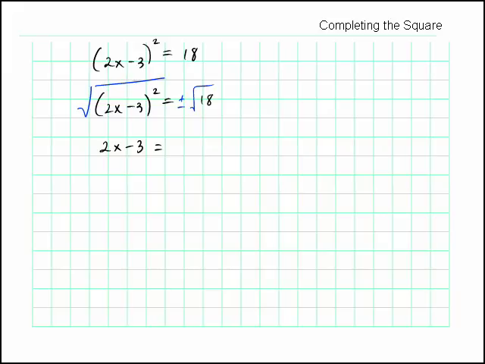And on the right side, if I simplify that radical, that's going to be 9 times 2 is 18, so it's 3 square root 2. Split this into two separate equations. 2x minus 3 could equal positive 3 square root 2, or 2x minus 3 could equal negative 3 square root 2.